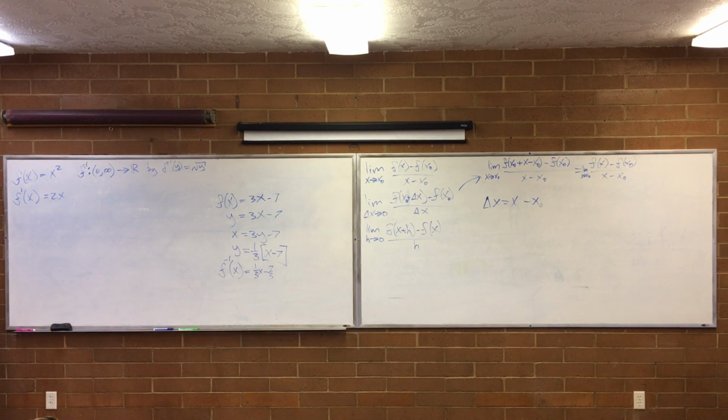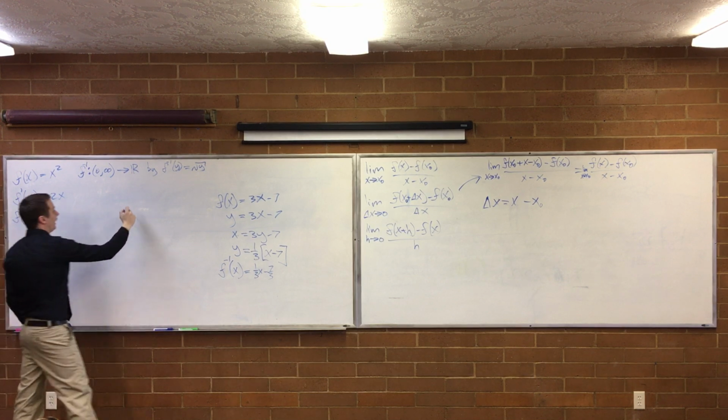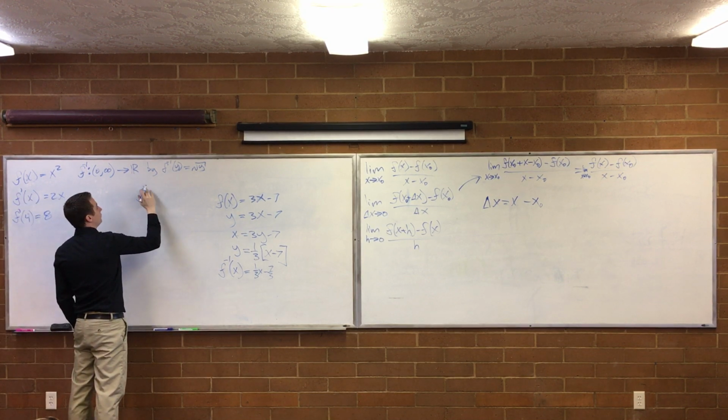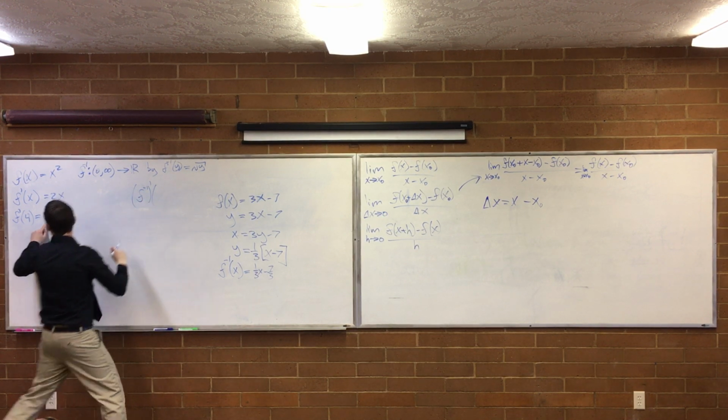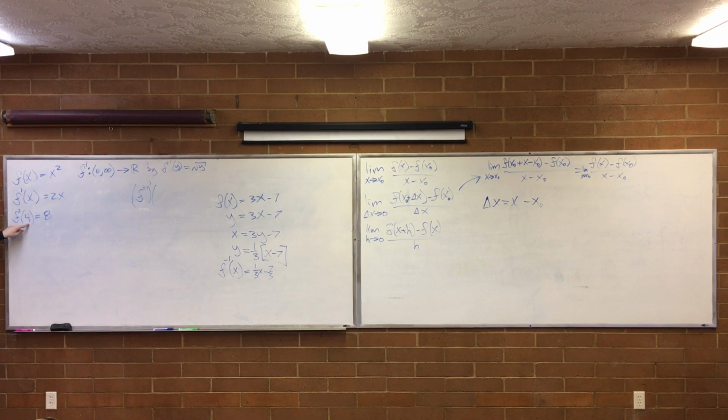So we need to do it at a point. We know f prime at 1 is 2. Let's pick a different number. Let's do 4. f prime at 4 is equal to 8. So we're guessing that f inverse prime at, what are we going to plug in there?